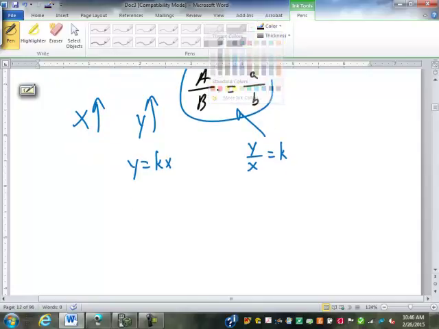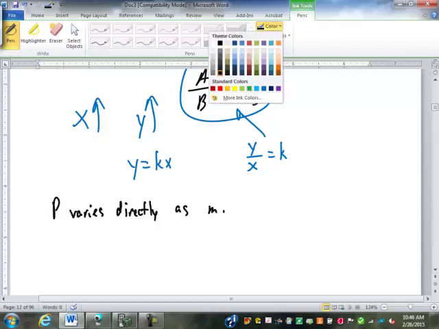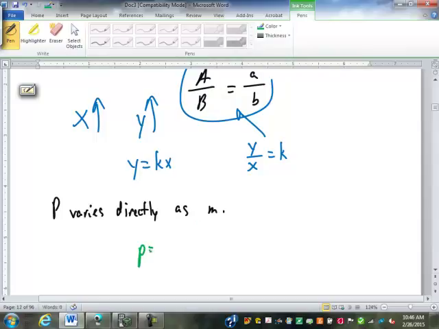So let's just write out: P varies directly as M. What does that mean? Or P varies directly with M, or however you want to do it. Sometimes I might say P is directly proportional to M, whatever. What this is saying is that P is equal to a constant times M.